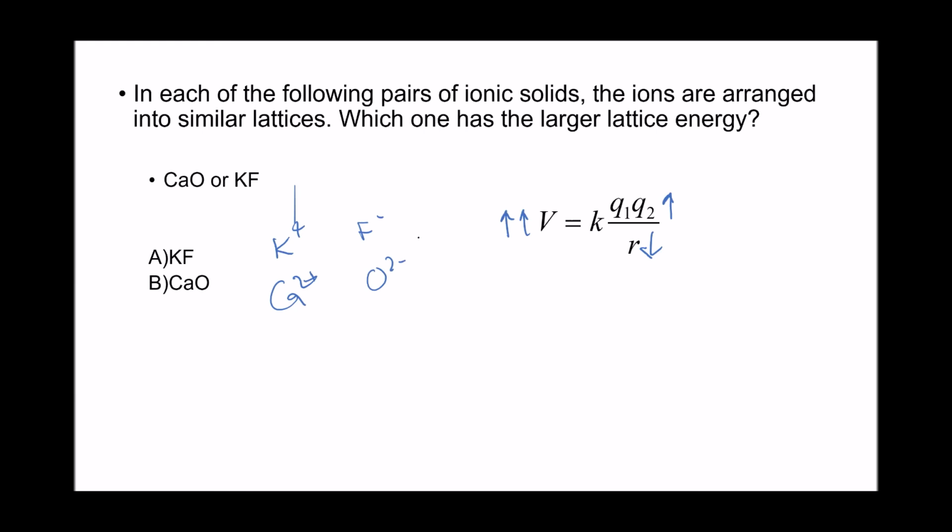So both ions involved in the first combination have higher charge, which means higher lattice energy. And even in terms of size, calcium is going to be smaller than potassium, so calcium should have more lattice energy because it's smaller.